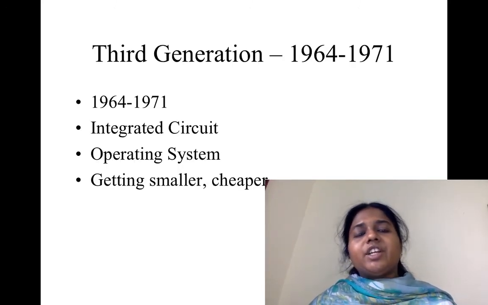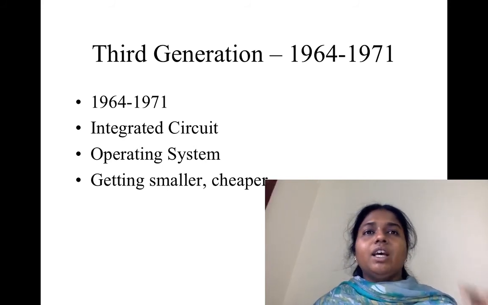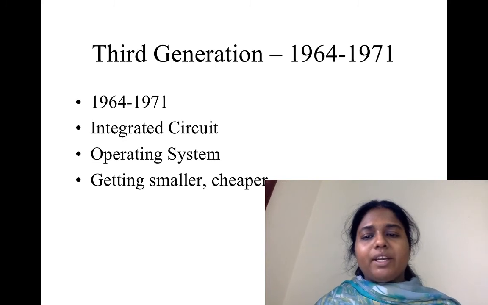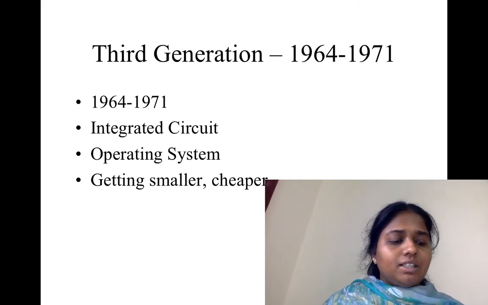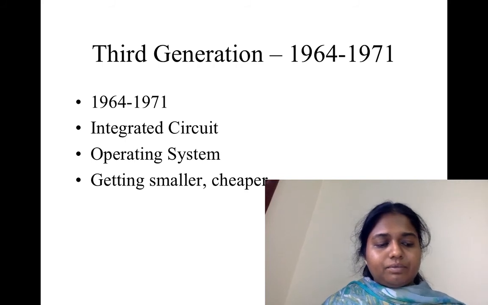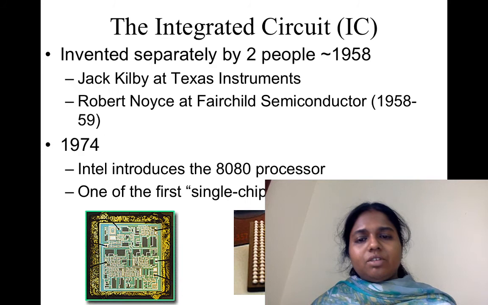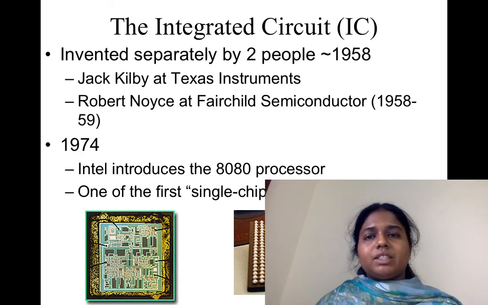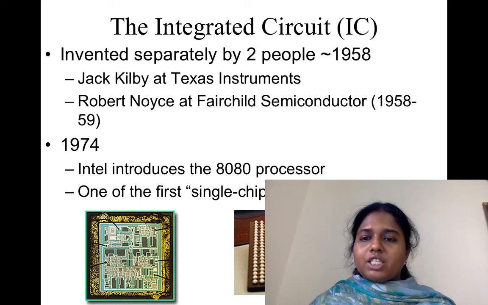The third generation systems started using integrated circuits, and then they installed something called the operating system, and then things started turning cheap. Once that came, this is how processors evolved. You can look at the processor here.